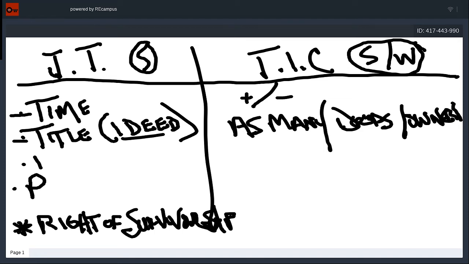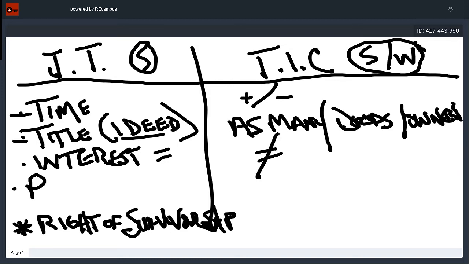Only one deed here. The I stands for interest, and every joint tenant has an equal divided interest. No joint tenant will have more than the other. So everybody has an equal interest, where you can have equal interest as a tenant in common, but it's possible to have unequal interest. I could own property with Jimmy and Tim.